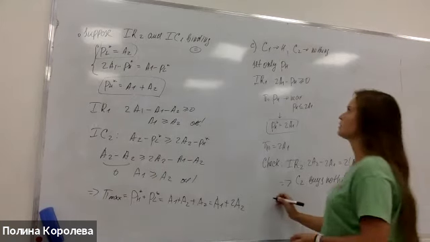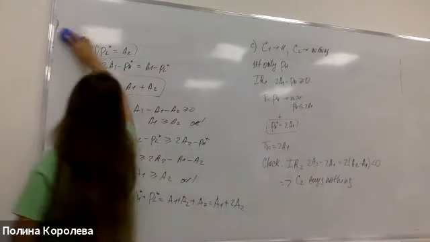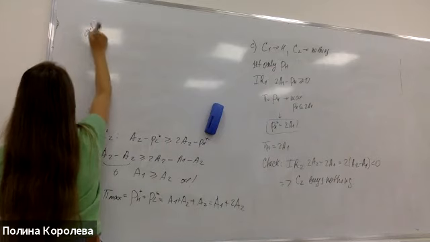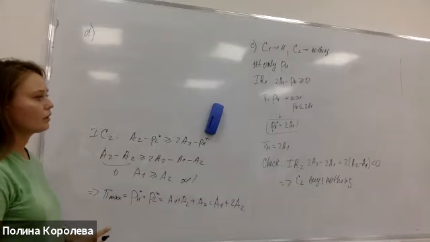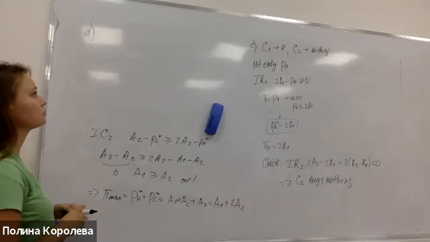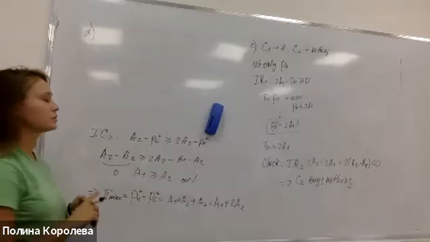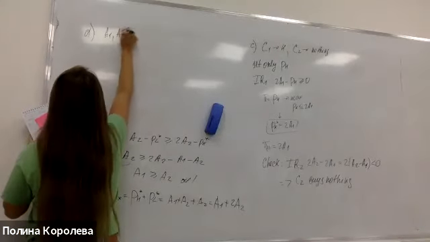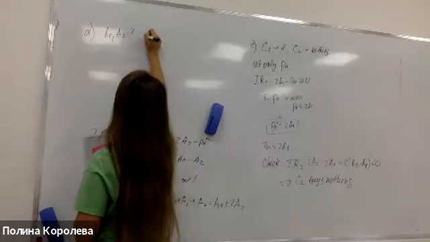Okay, so now in point D, let's write here. In point D, we need to answer the question: for what values of A1, A2 will our seller want to sell both types of goods, so that both goods will be sold.